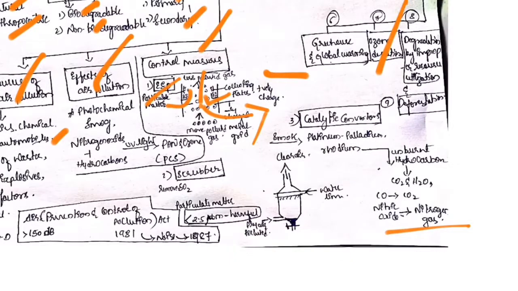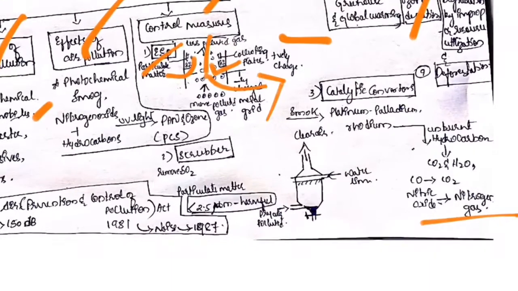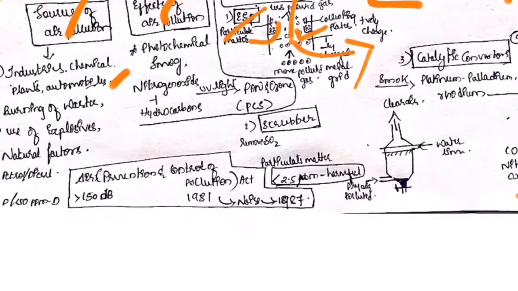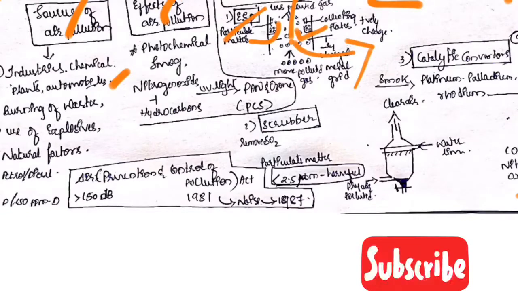So there are three main control measures given in our syllabus. The first one is the electrostatic precipitator, another one is the scrubber, and another one is the catalytic converter. Okay. Then a few extra, trivial points: our Indian government has taken certain measures to control air pollution. They enacted the Air Prevention and Control of Pollution Act in the year 1981.